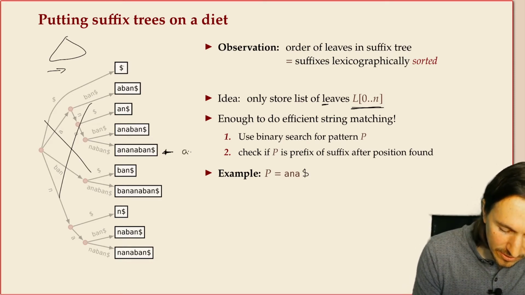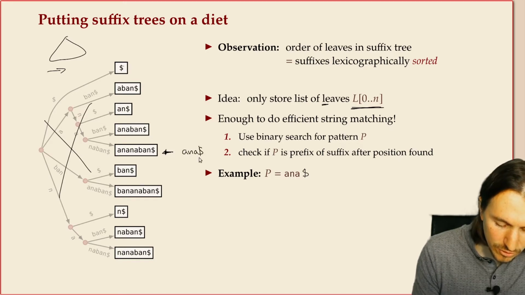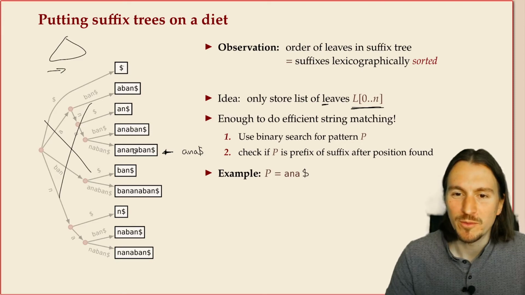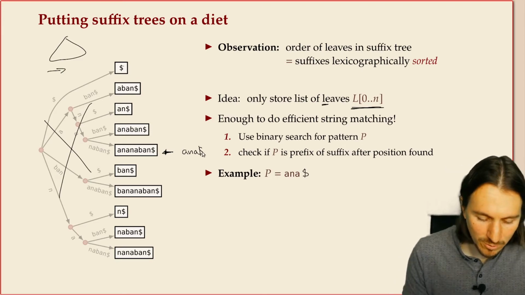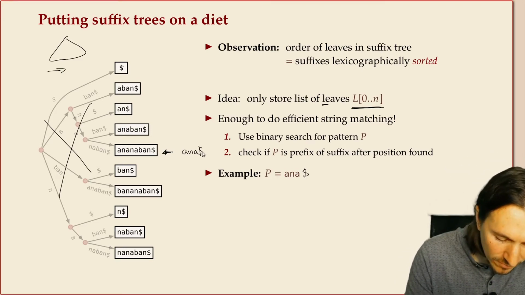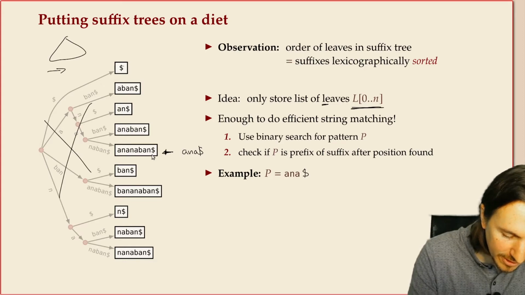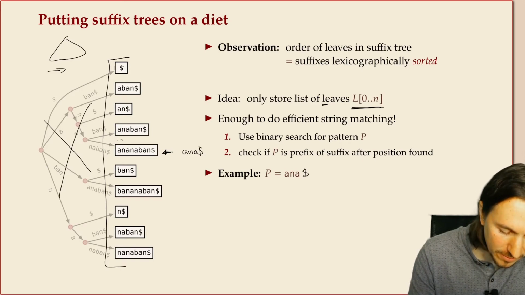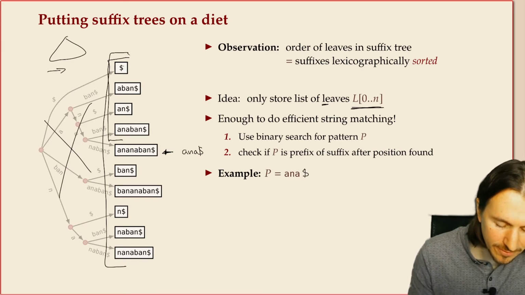Anna is smaller than this because the first character where we have a mismatch is the N, and dollar comes before that. So initially it's somewhere here. Now, because it's before that, we know it's somewhere here.